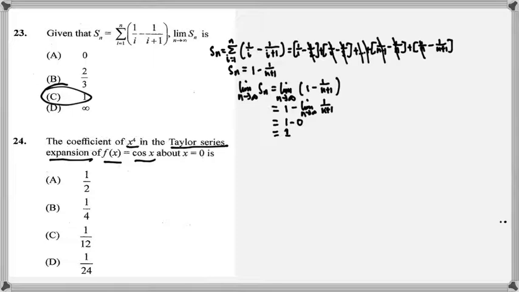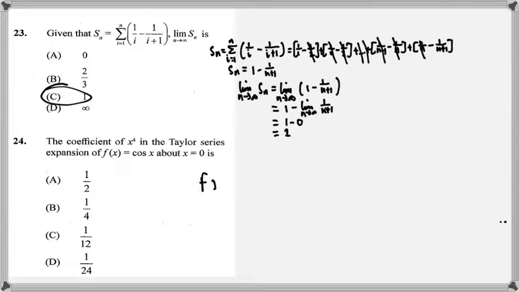From the time you see Taylor series, you're probably thinking of the formula for the Taylor series, but notice this, it is centered about x is equal to 0, which is a special type of Taylor series called the Maclaurin series. So we could actually use the Maclaurin series.